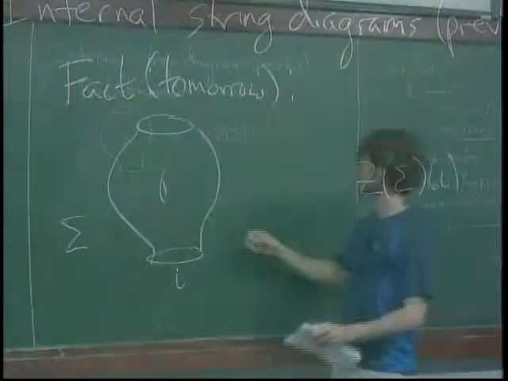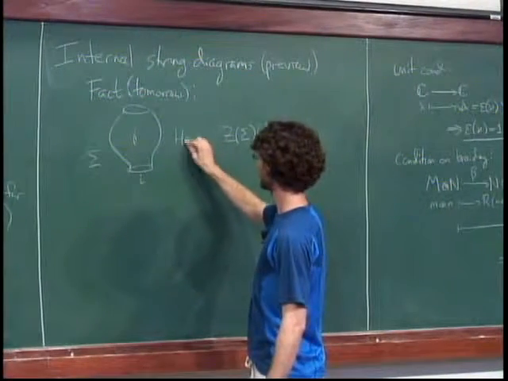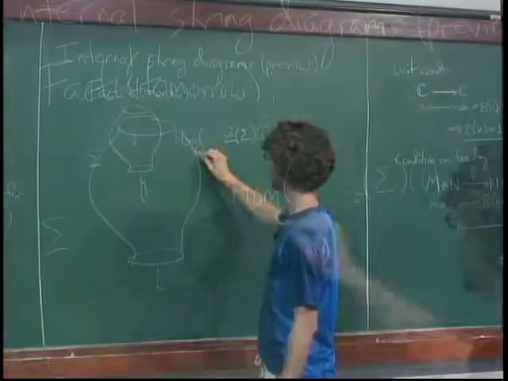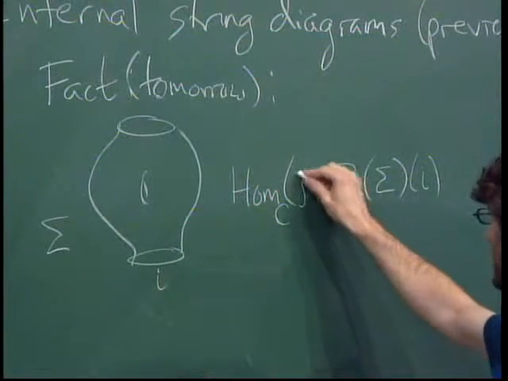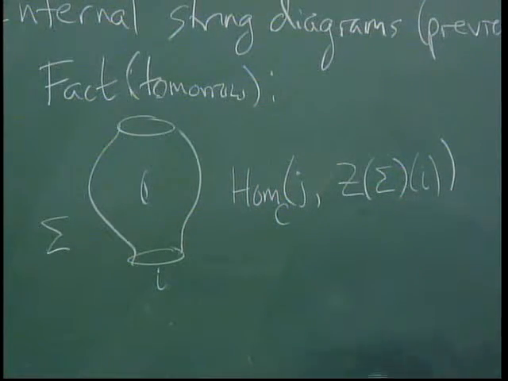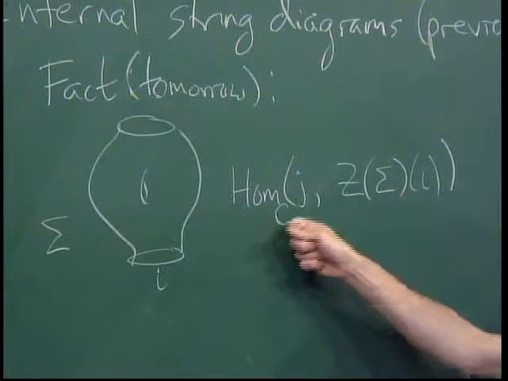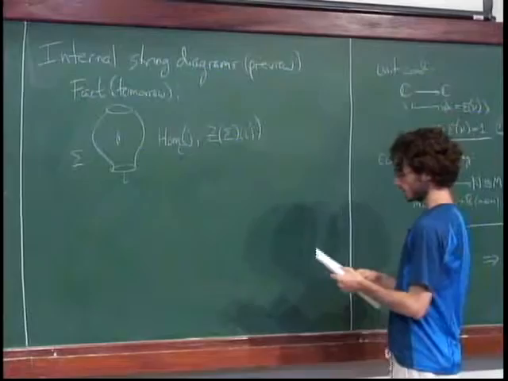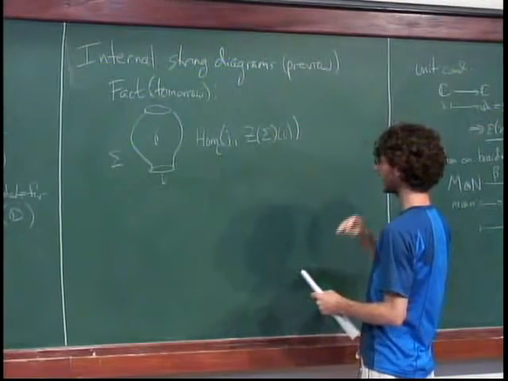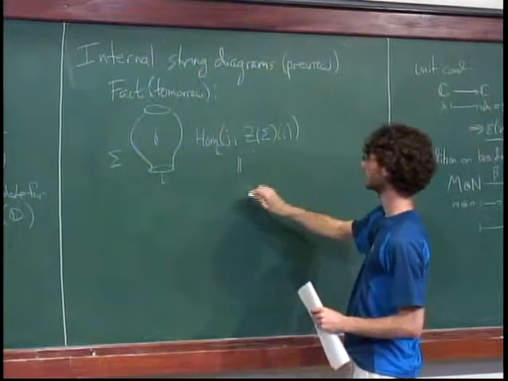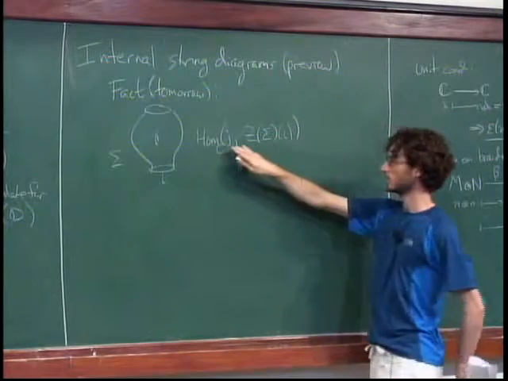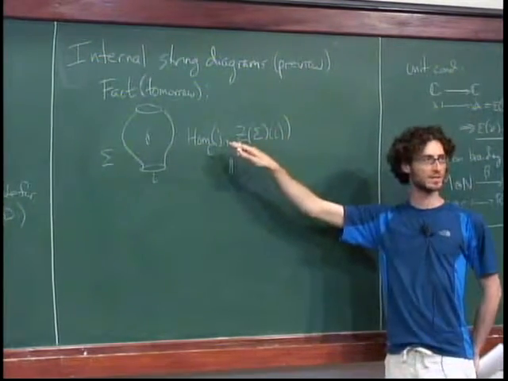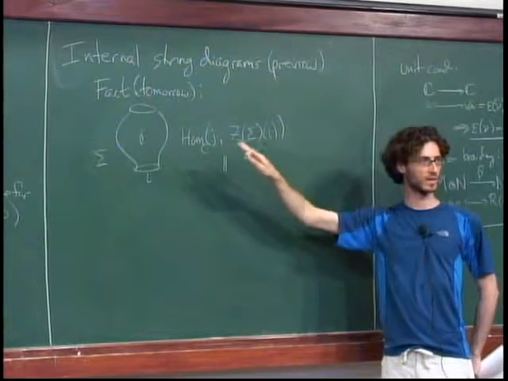And that element is pinned down by looking at the maps in C from every other simple object J into this object. So this is some vector space, some Hom space in C, which is a vector space because C is a linear category. The fact that those vector spaces encode the functor is something I just invite you to think about.